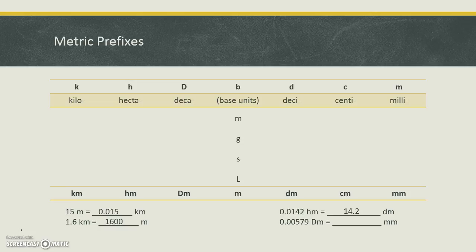Notice it's a big D for deca, little d for deci. All right, is equal to how many millimeters? 57.9. All right, if you got these all right, you should be jumping up and down in your room, throwing a party right now. And if you didn't, don't worry, because we're going to be throwing that party for you in class.